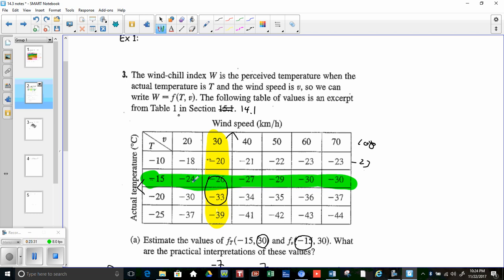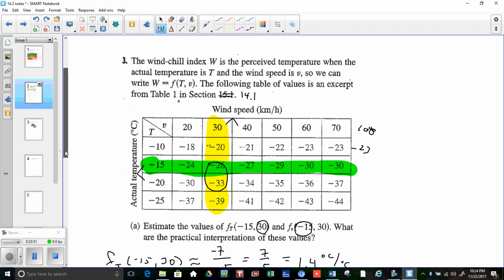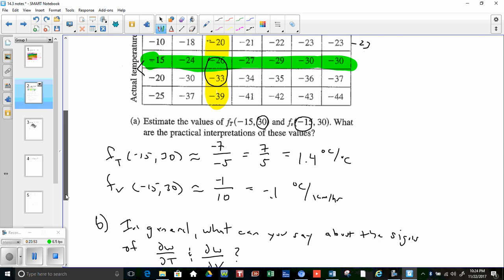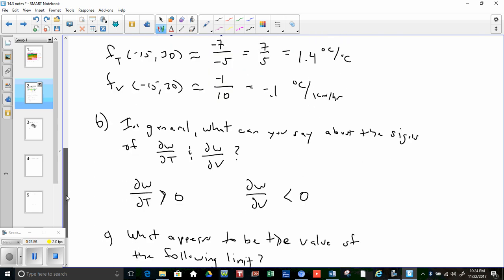Same thing here, negative 24, negative 26, negative 27, 29, 30, 30, it's leveling off. Same thing here, starting at negative 30 down to negative 36, negative 37, starting to level off. So the idea is at a certain point in time, the wind speed is no longer really going to have an effect on the wind chill. After a certain point, the wind speed's not really going to affect it at all.